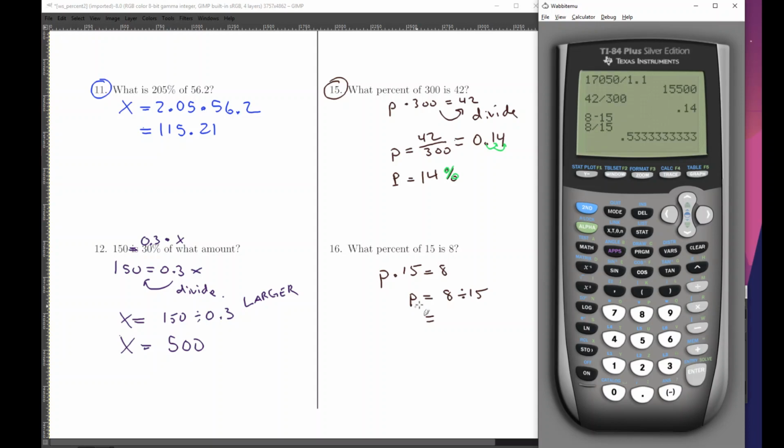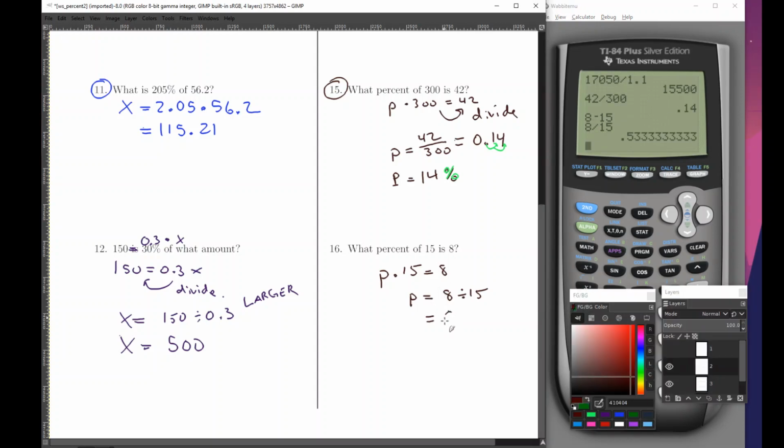There we go. 0.533 repeating. We'll just call it 53.3%. Nearest tenth is generally good enough. 53 1/3? Nah.